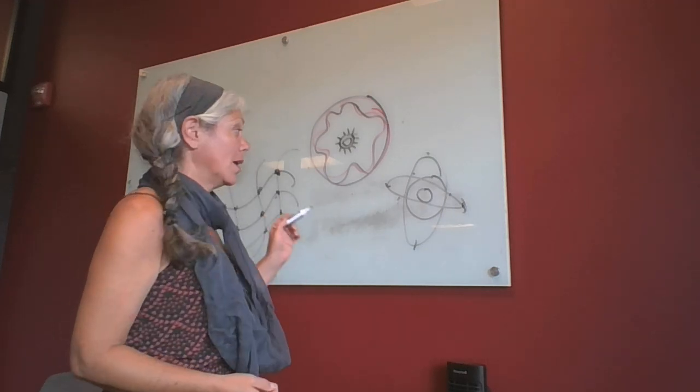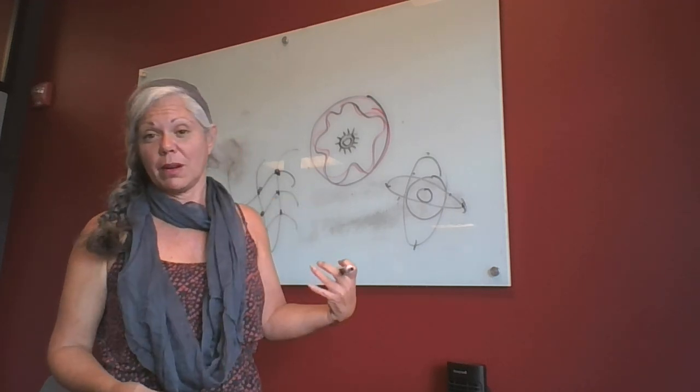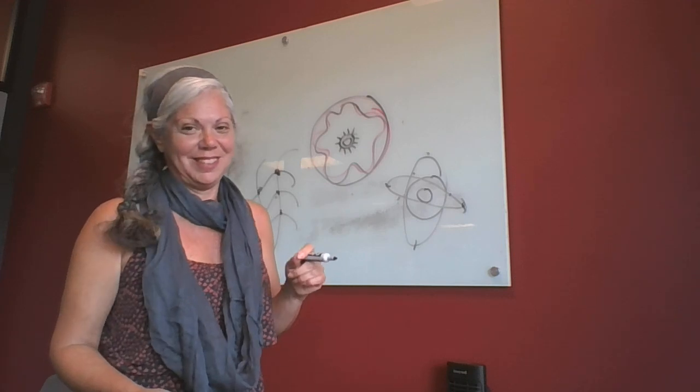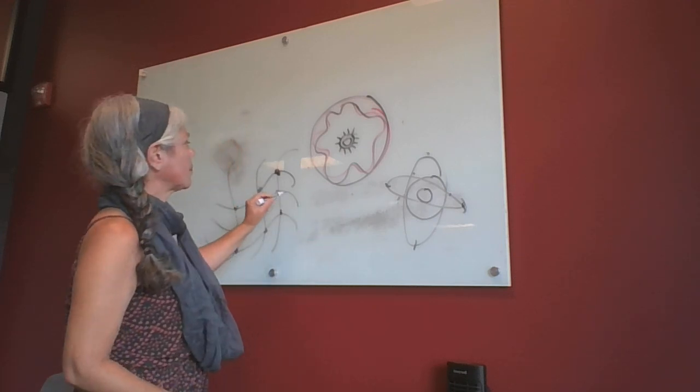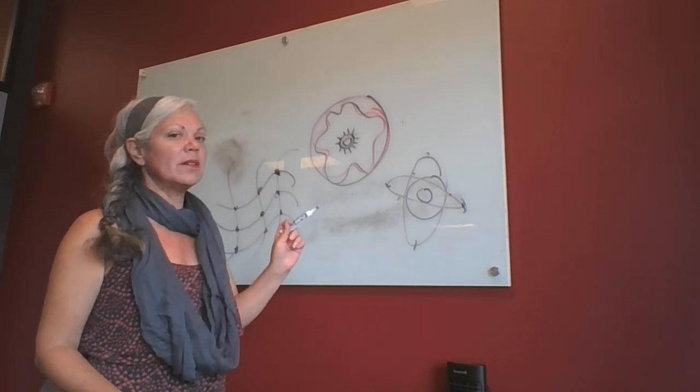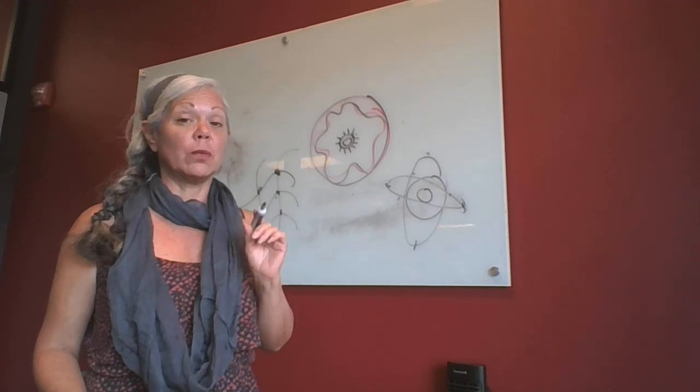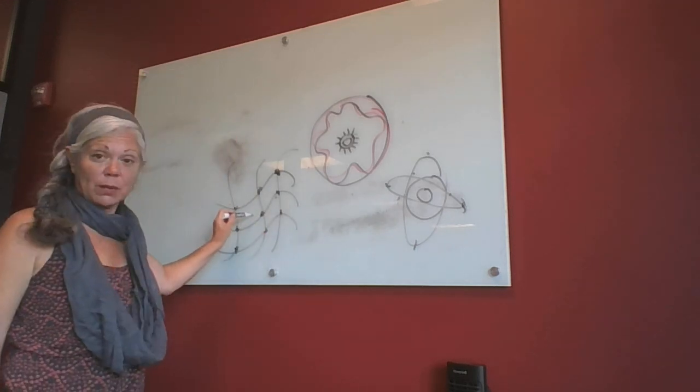Okay, here's what's so cool to me. I'm a science nerd too. Turns out, if you wanted to look at what an electron truly is, this is what it would look like.